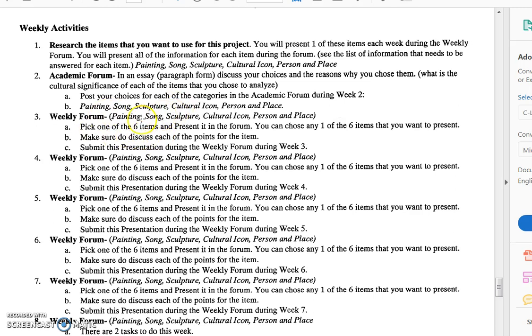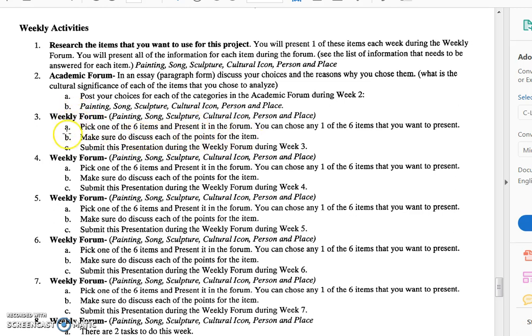We're not necessarily looking to pick a popular song; we're looking for a song that has had a significant impact on the English community. You're going to write all about it, give me all the information you need, and present that in that first forum. Make sure that you discuss all of the points. I'll show you what those are in a few minutes.